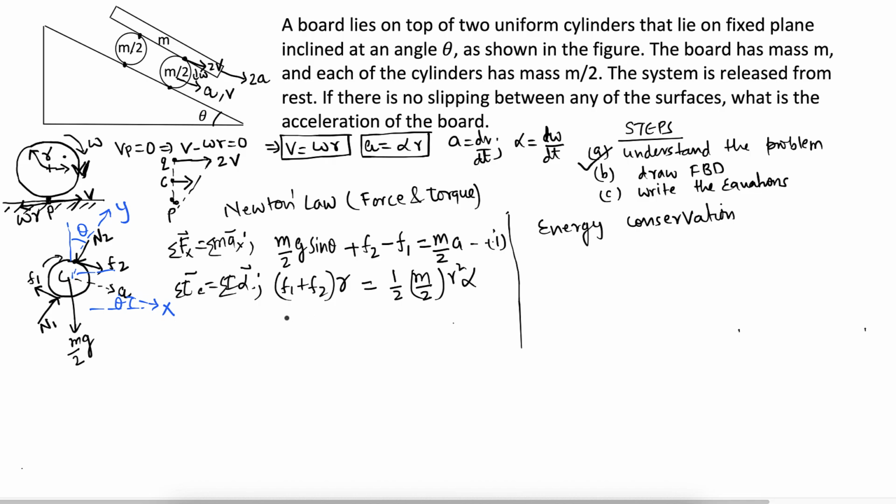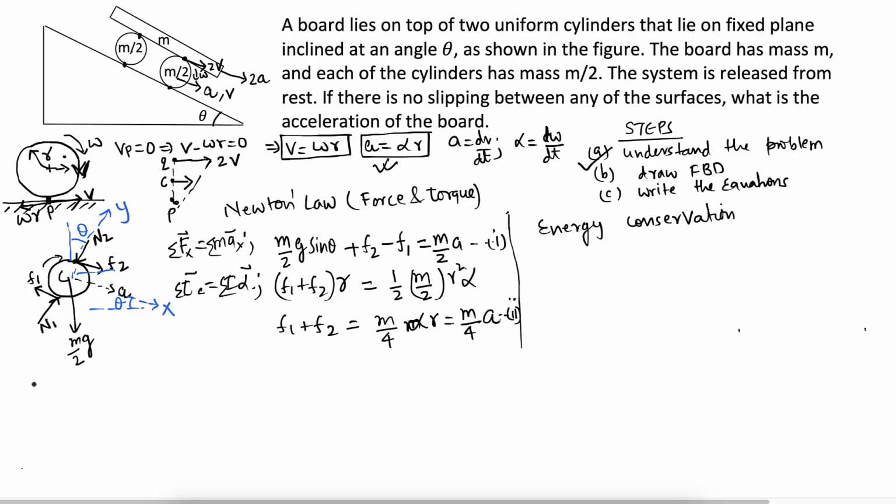So F1 plus F2 is equal to m by 4 alpha R, which is m by 4 A, because A is nothing but alpha R, right? Let's call this equation 2.